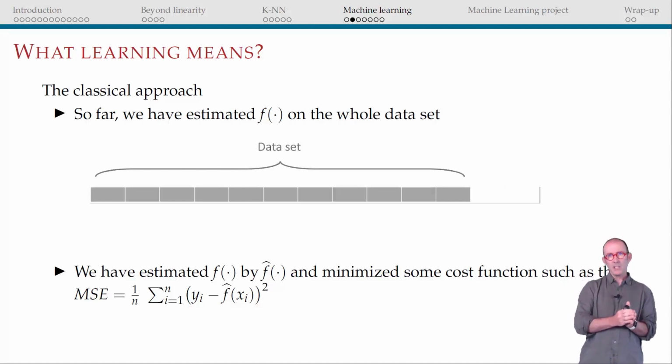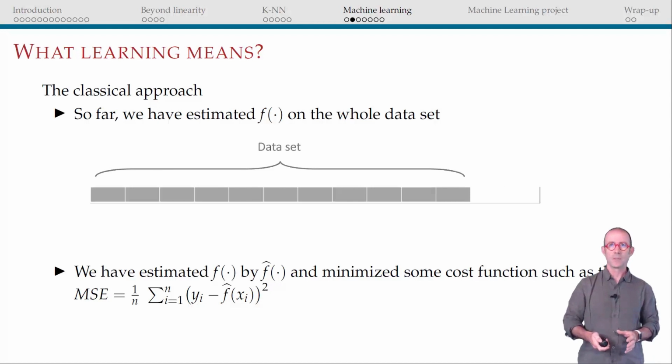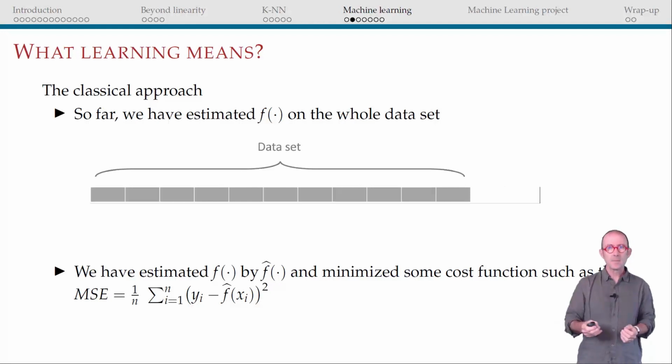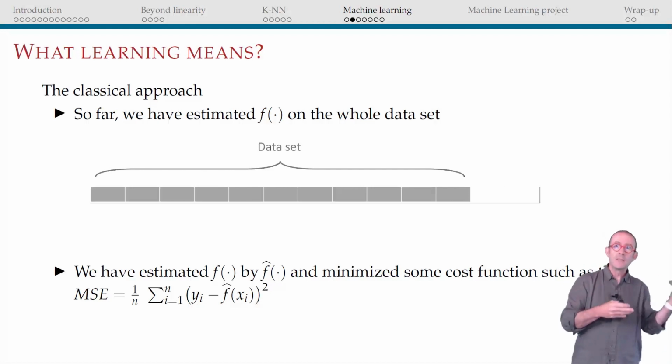Here, in this machine learning course and using the tools here, we're going to change this approach. In fact, if we estimate F on the whole data set and now someone gives us some new data, a new sample, some observation, and we want to predict, we will say, okay, well, we estimated well on our data set, we will probably be very good in your new sample.